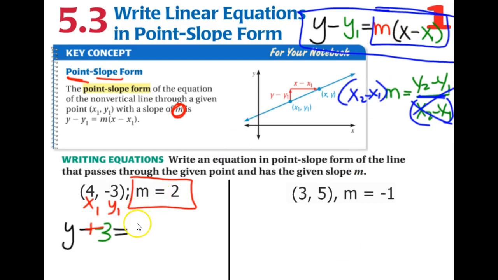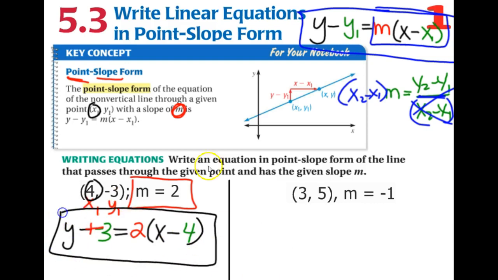Our m, or our slope, is 2. And then in parentheses, x, the letter x, minus x1 from our point, which is 4. There is no solving involved. This is our answer. This is in point-slope form, because we have our point here, 3 and 4, and then our slope, which is 2.